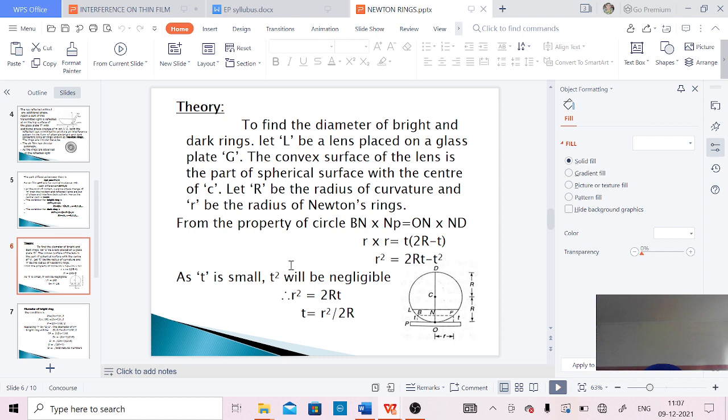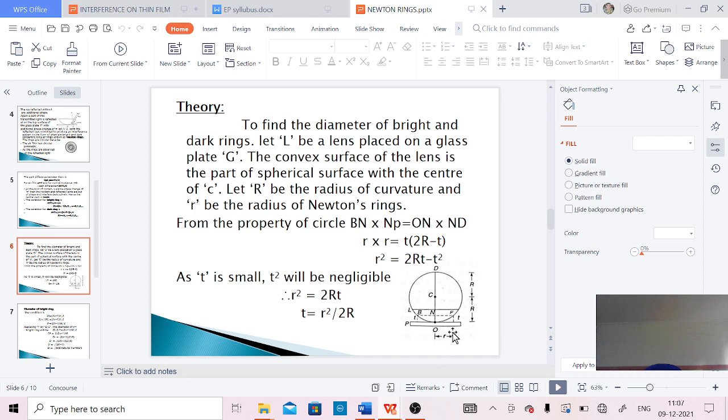Now from the property of a circle, BN times NP equals ON times ND. As t is small, the thickness is small, so t square is negligible.